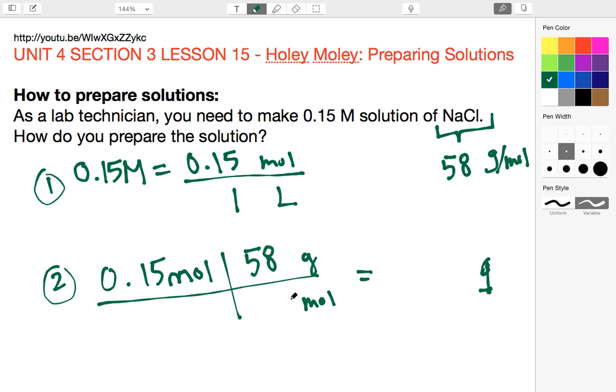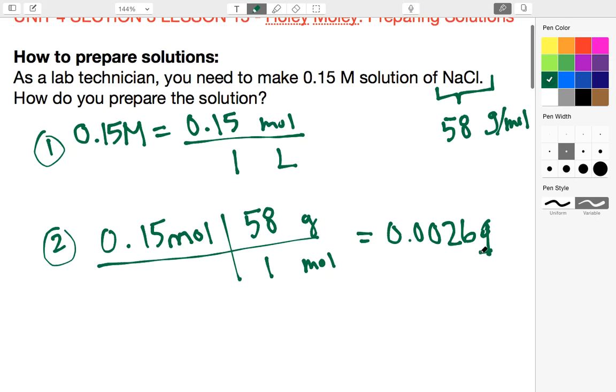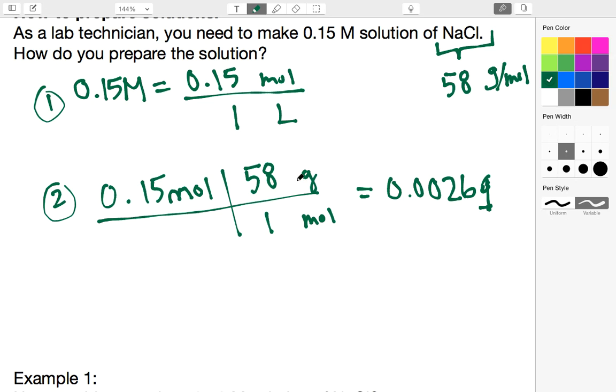So 58 grams over 1 mole, multiply these two numbers, and I should get a really, really tiny number, 0.0026 grams. So instead of counting however much this many molecules of NaCl would be, I can just weigh out this amount.